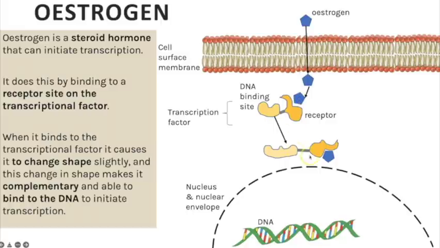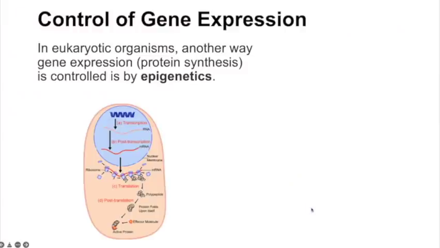When it binds, it causes the DNA binding site to slightly change. That transcription factor will then move into the nucleus, and because the DNA binding site has changed shape, it's now complementary to the DNA so it can attach and initiate transcription. mRNA is then created, which can then leave the nucleus and be used in translation.